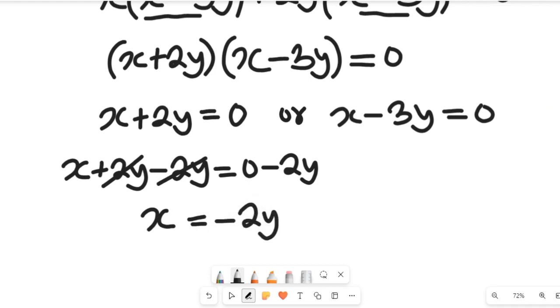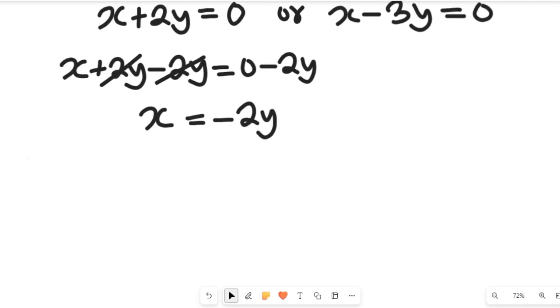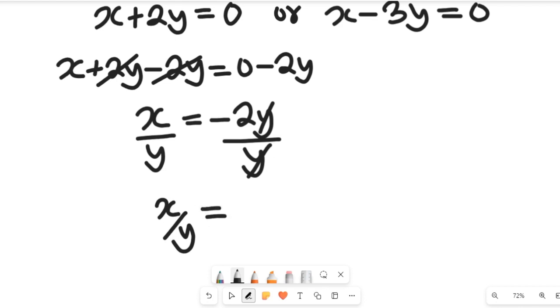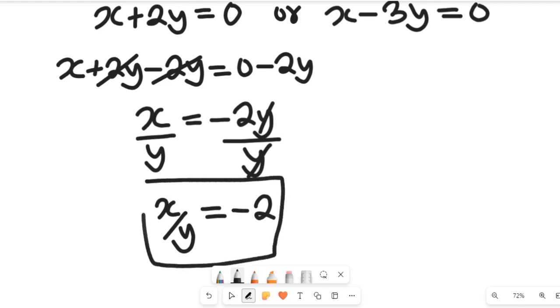Great. Now if we simplify that further, do you notice that we are going to get a value? Let's divide both sides by y. You come to see that y will cancel y, and then our x divided by y, which is the value we are looking for, will be equal to negative 2. So this is one of the solutions to that value. Remember, we're looking for the value of x divided by y.